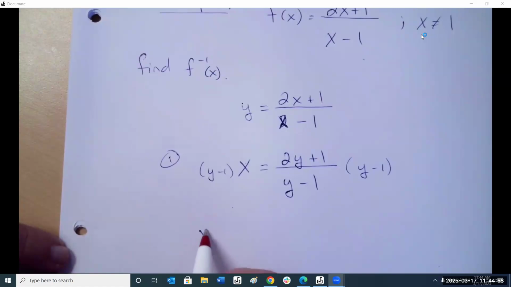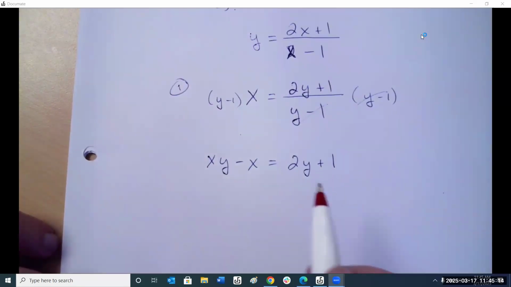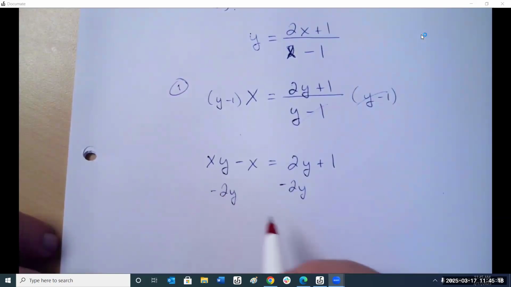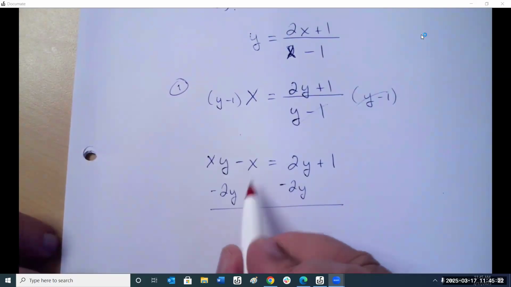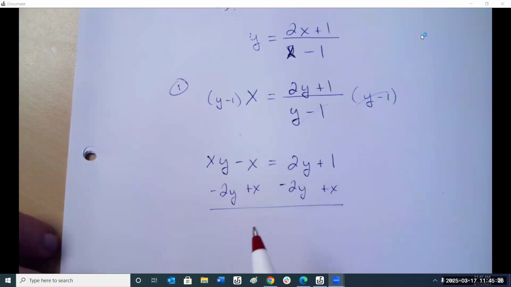So we have xy minus x equals 2y plus 1. Because we have to do what? We have to get all the y's together, don't we? Subtract 2y from both sides. And also get rid of this x. How? Add an x to both sides.